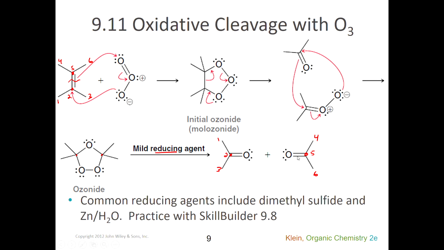So as far as ozonolysis goes, you don't need to be familiar with any of the details in the mechanism. Really, you just need to be able to predict the products that would occur if ozonolysis happens on an alkene, or maybe if I give you products, to predict what alkene could have been used and reacted through ozonolysis to produce those two carbonyl products or products with CO double bonds.